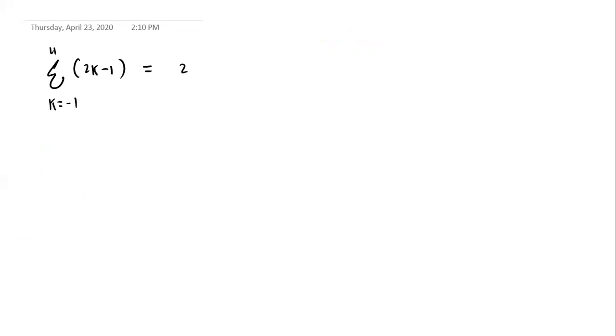So we have 2, plug in k equals -1, minus 1, that's the first one, plus, now k equals 0, because we're going from k equals -1 to 4. So plus 2 times 0 minus 1, plus, now k equals 1.